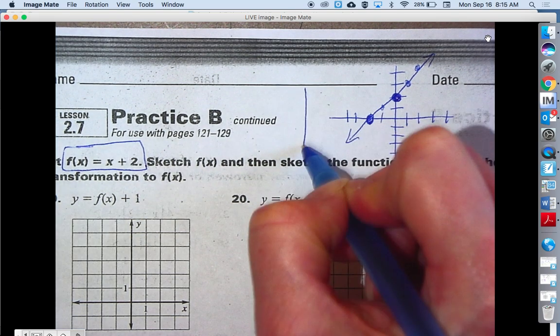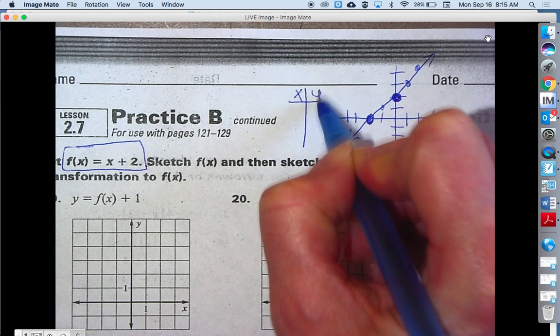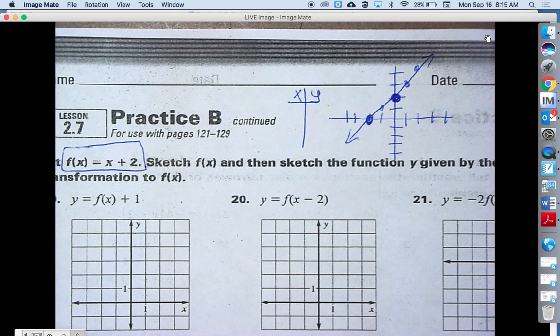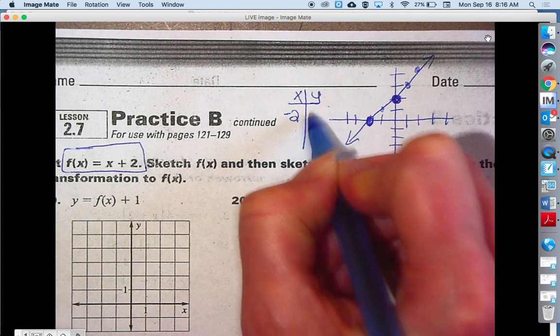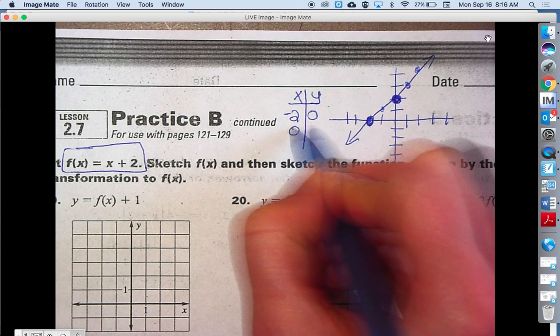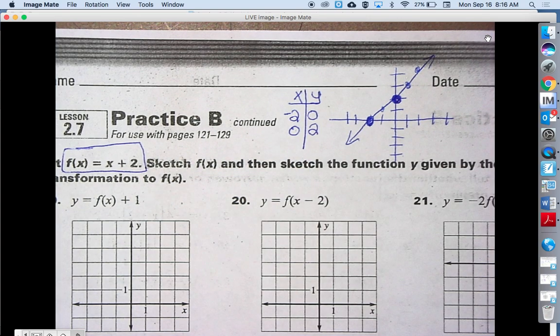And then just like we did with the 6 examples, why don't you grab 3 points from that line? So I would say get the x-intercept, get the y-intercept, and then maybe just get a 3rd point. So my x-intercept is crossing at negative 2, 0. The y-intercept is 0, positive 2.